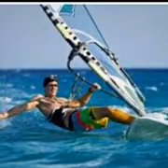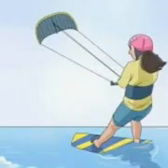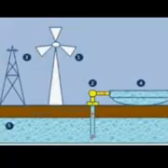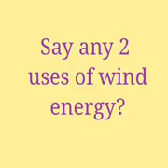Sports like windsurfing, sailing, kite surfing use wind energy. Wind energy can be used for pumping water. Okay, now I ask questions about that. Say any two uses of wind energy. Yes, windmills use wind energy to generate electricity. Wind energy can be used for pumping water. Good.